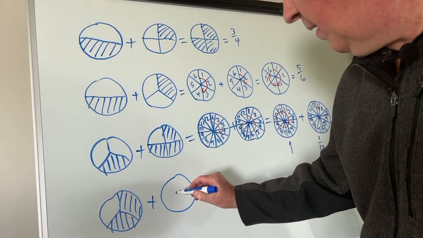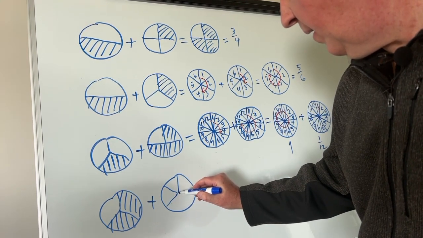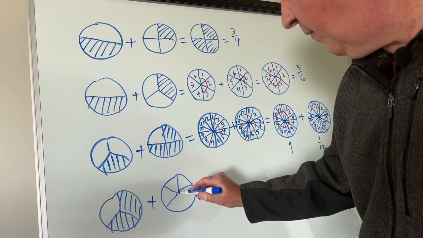So this one's a little tricky here because you've got to divide it by 5. 3, 4, 5.